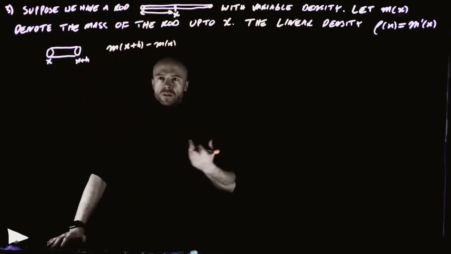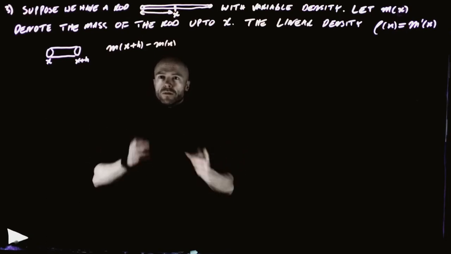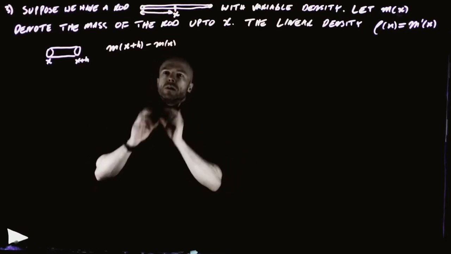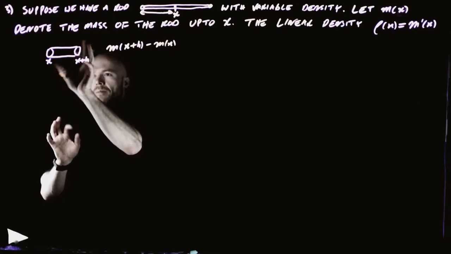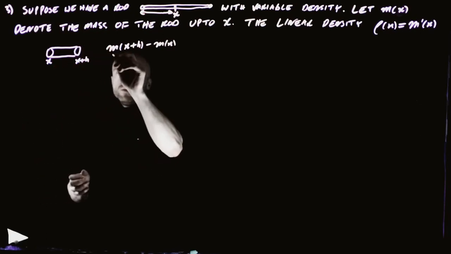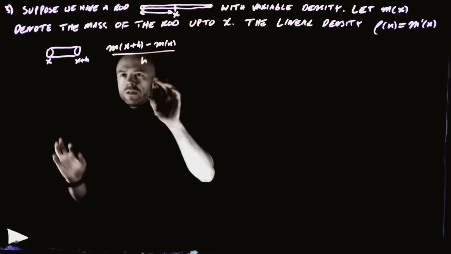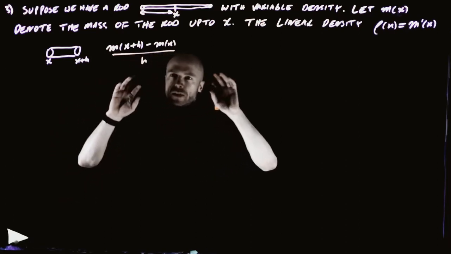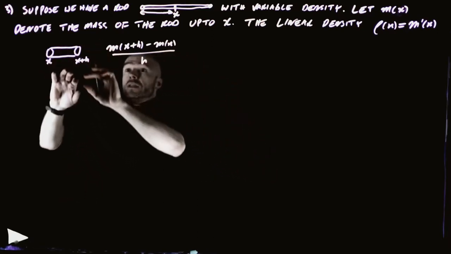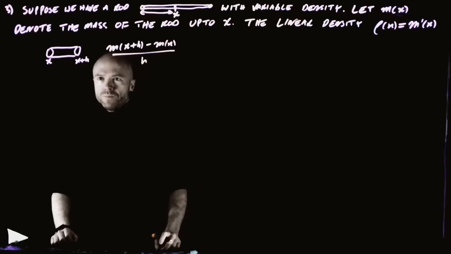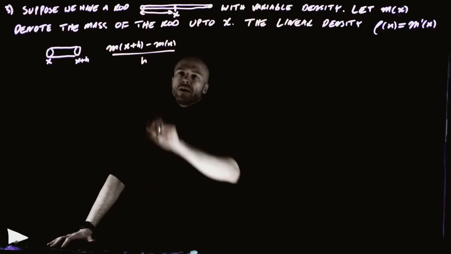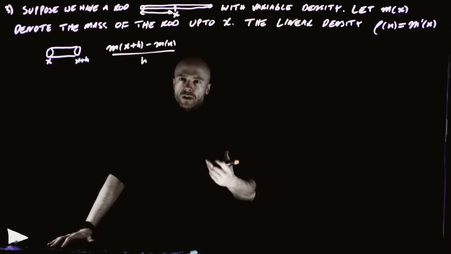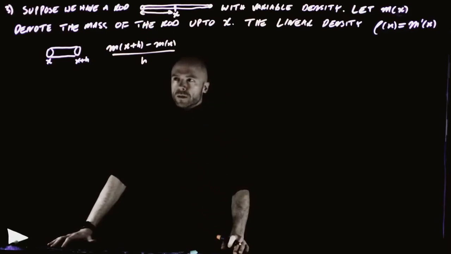But that thing is not going to tell us the density at a particular point on that little piece, right? That thing will give us something like the average density over this little section, because that's the mass divided by how long it is.